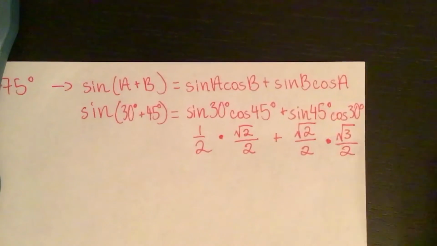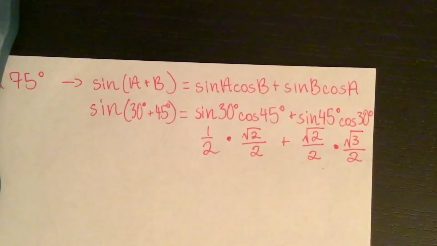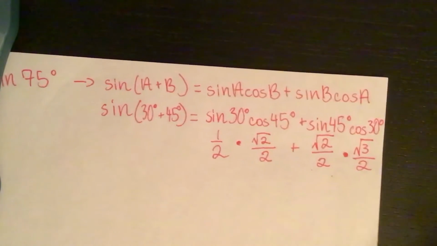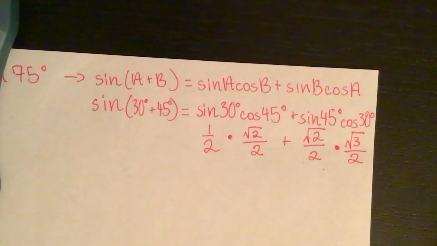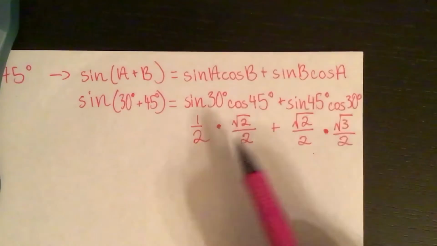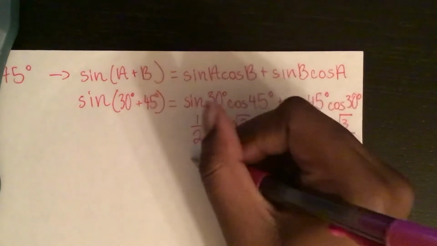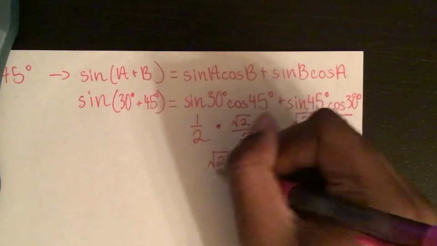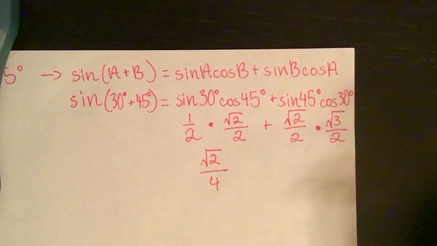So, first thing we want to do is multiply both sides of the plus sign before we add it all together. Using PEMDAS, we know that we need to multiply before we add. So what's 1/2 times the square root of 2 over 2? It's going to be the square root of 2 over 4. And what's the square root of 2 over 2 times the square root of 3 over 2?